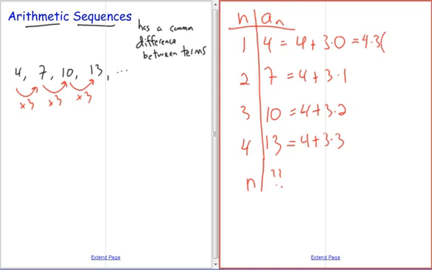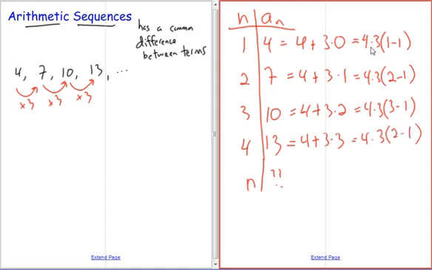So we notice here that there is a relationship between this multiplier and the n, namely it is 1 less than that. So I would say this is like 4 plus 3 times 1 minus 1. Here it's 4 plus 3 times 2 minus 1, and 4 plus 3 times 3 minus 1, because the 2 minus 1 is the 1, and the 3 minus 1 would be the 2.